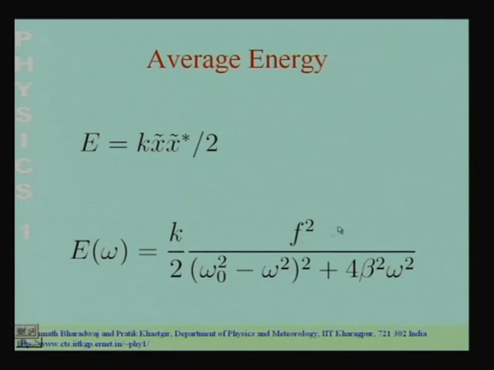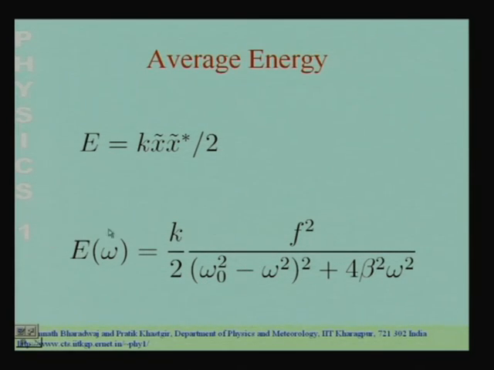So, what you have is given over here. You have the amplitude of the force squared. Remember, F is the amplitude of the force divided by the mass. So, you have the square of F, and in the denominator you have the square of the denominator that occurred in the expression for the amplitude x. So, this is what you get.